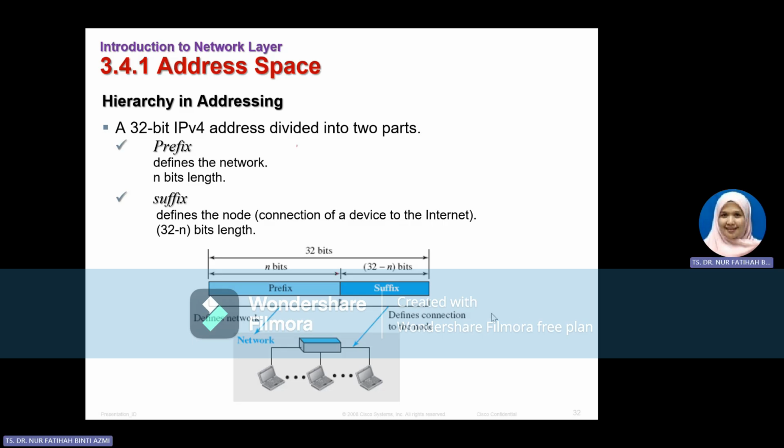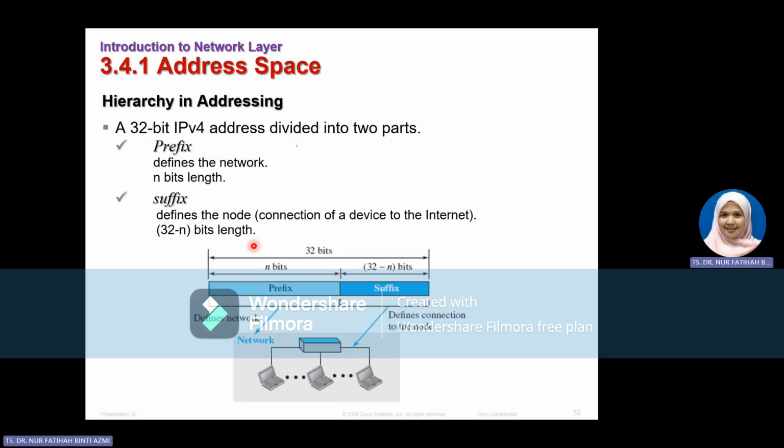The full 32-bit address is illustrated as a horizontal bar. First is the prefix, and the second part is the suffix. Remember, the prefix defines the network, and the suffix defines the connection.